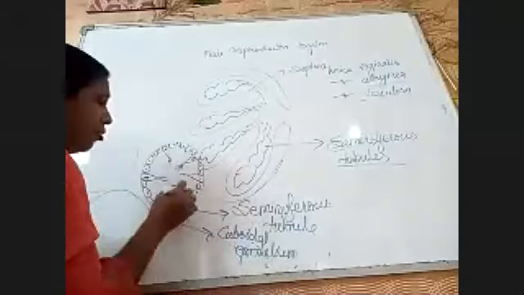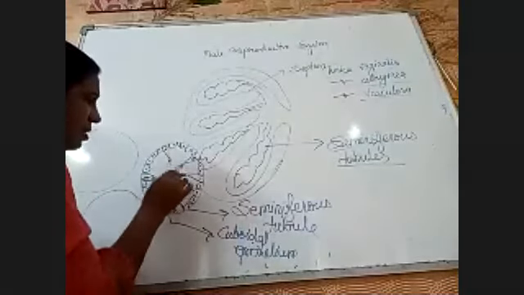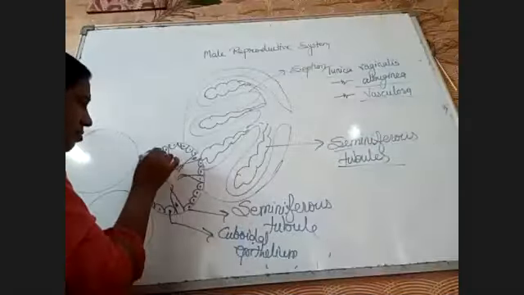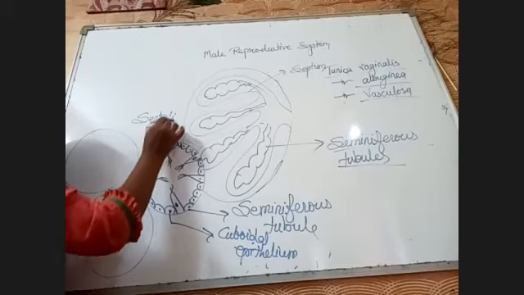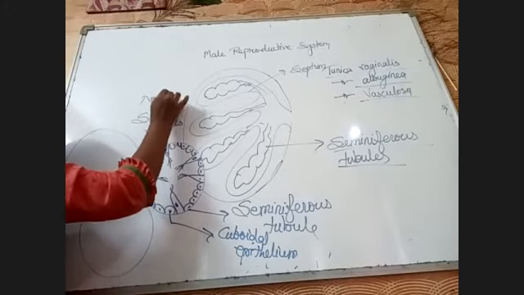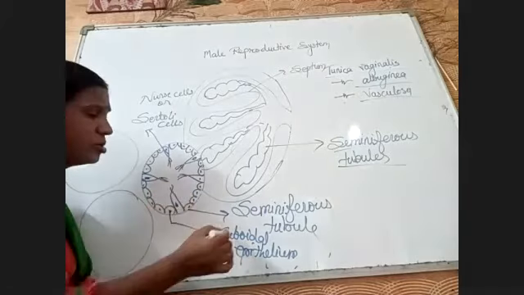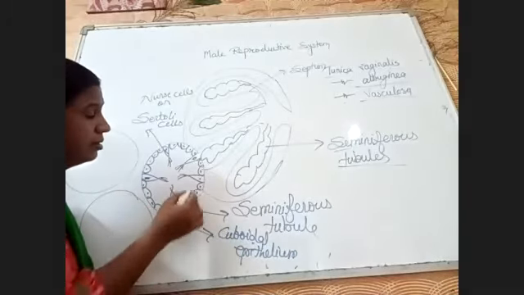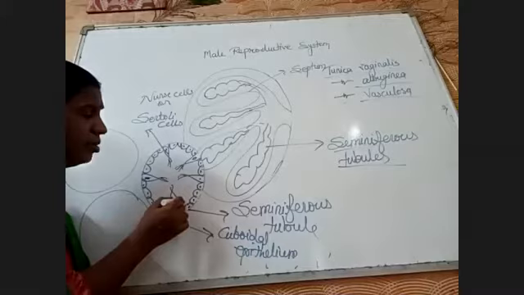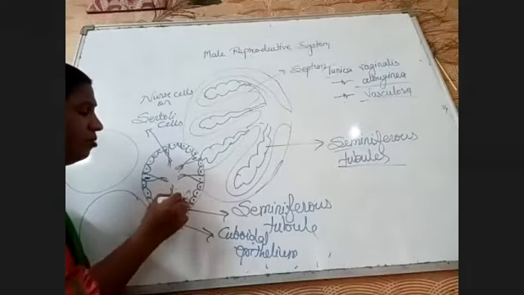In between this cuboidal epithelium, some large cells we can see here. These cells are called Sertoli cells or nurse cells. Okay. So this cuboidal epithelium will undergo changes and form the sperms here.